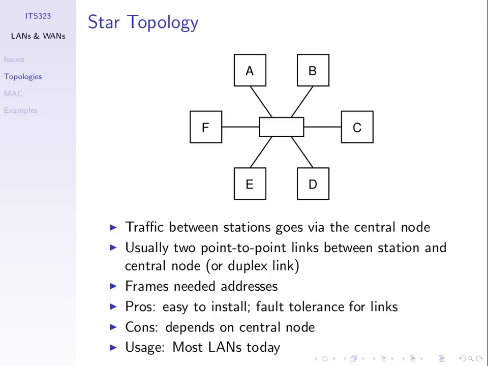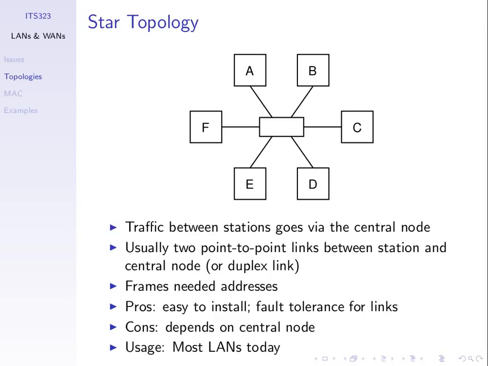And if A wants to communicate with D, A transmits to the central node, and it's got a dedicated link to do that. No one else can use this link. And that central node then recognizes from the destination address, okay, it needs to go to D, so transmits across this link to D. So we now introduce a new device which supports the communications.